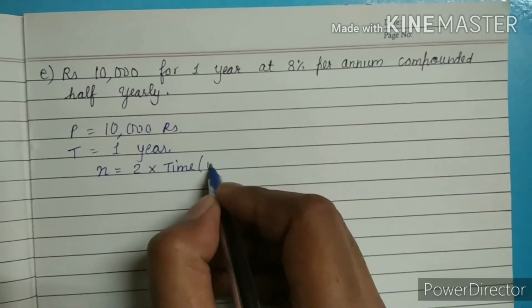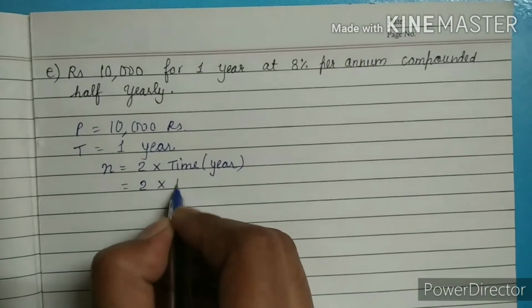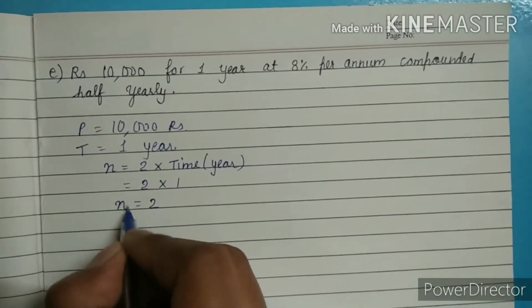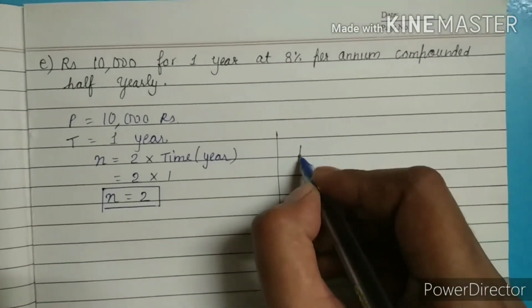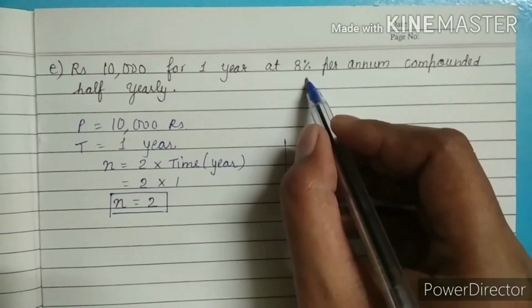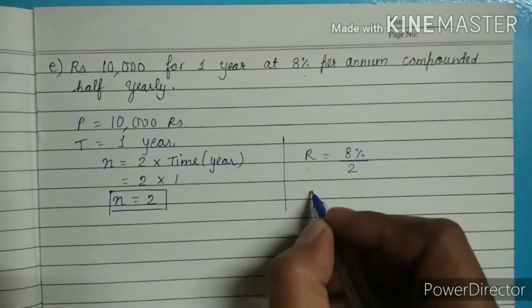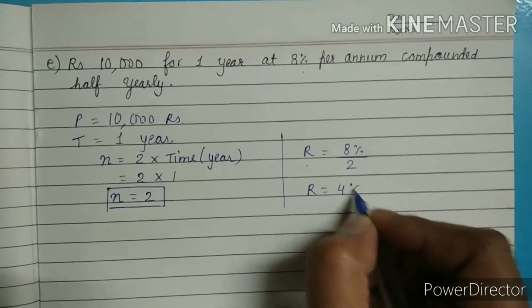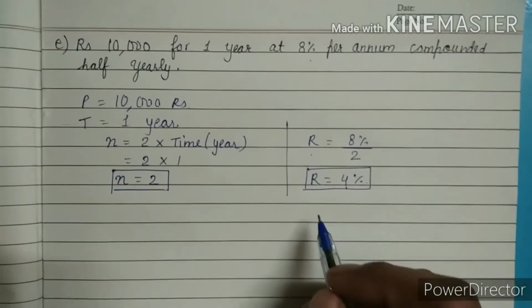But time is in years, so it will change in the form of 2 into 1. So it will give the value of n as 2. Same as in the case of R. Rate of interest R is 8%. So 8% will be divided by 2 and it will give rate of interest for compounded half yearly as 4%.